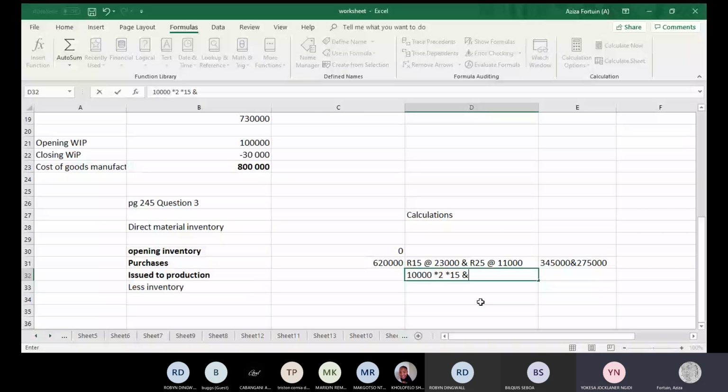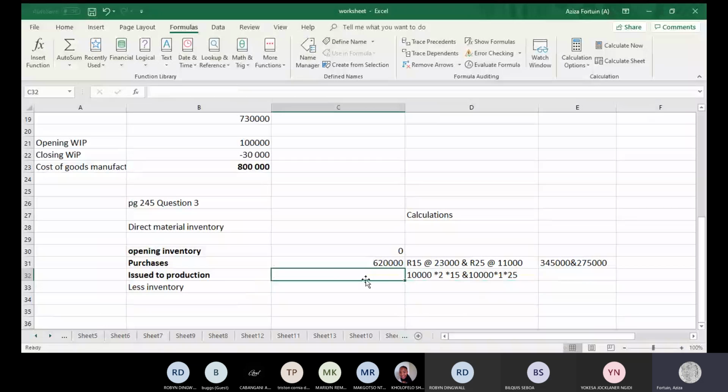That's what my calculator says. So that will be 550,000. Okay. So your closing inventory?